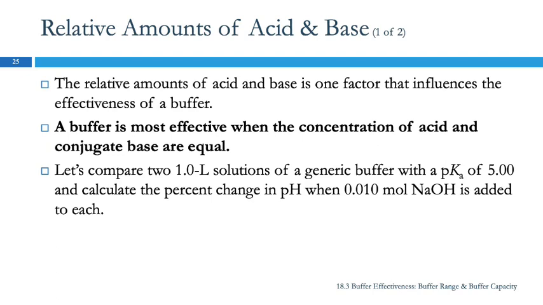All right, I guess we're supposed to do that. So we have to do our stoichiometry thing, right? So we've got the sodium hydroxide is going to react with the acid, and it's going to make A minus and H2O.